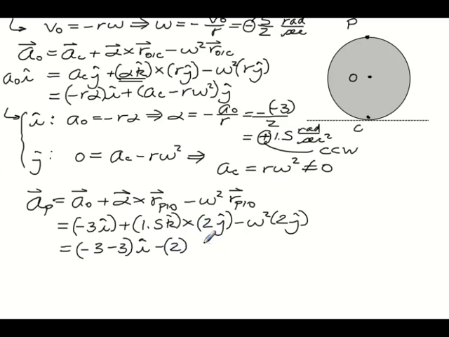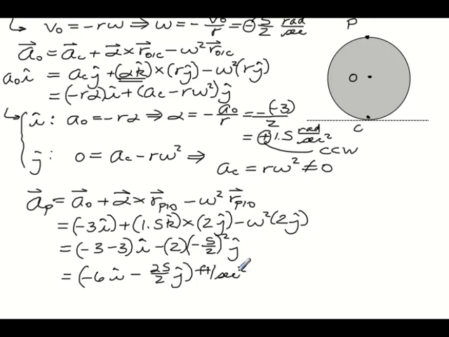Omega was equal to minus 5 halves. So that's a squared, and that's in the j. So in the end here we have minus 6i. We have a minus 25. That's 5 squared divided by 4 times 2. That's 25 over 2j. And that's in feet per second squared.